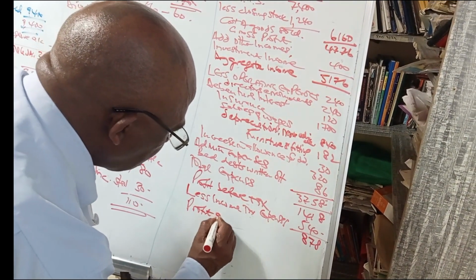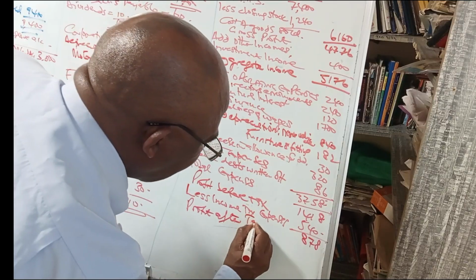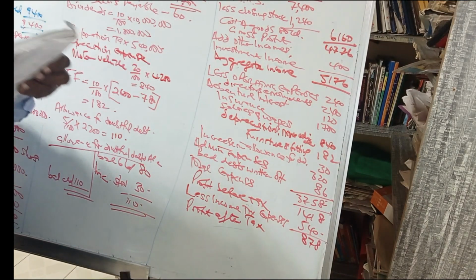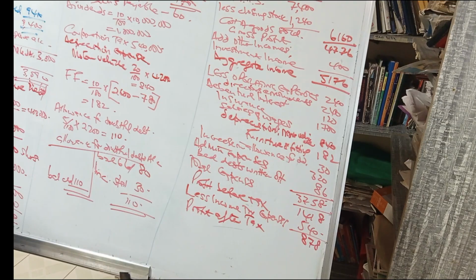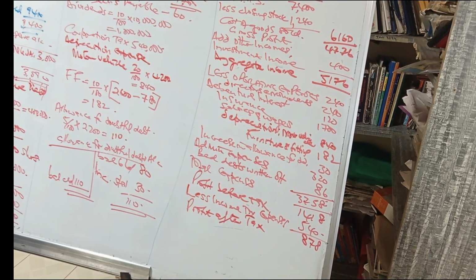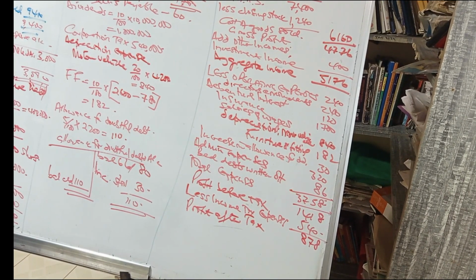Then we are told we transfer to general reserve. Additional information number 4: we are told to transfer to general reserve a figure of 420.